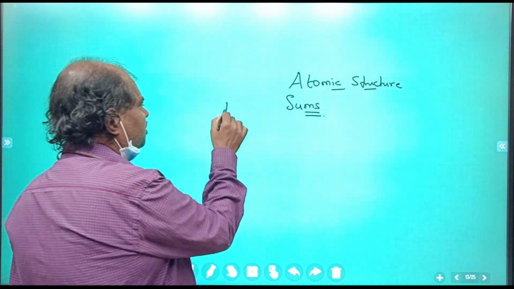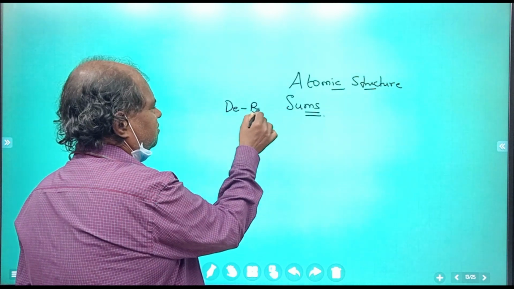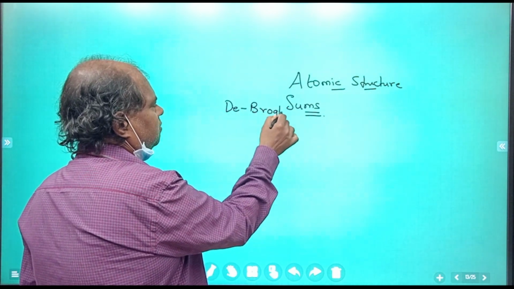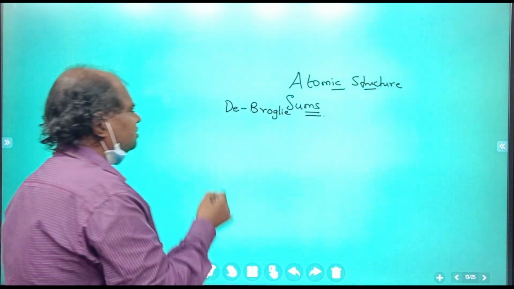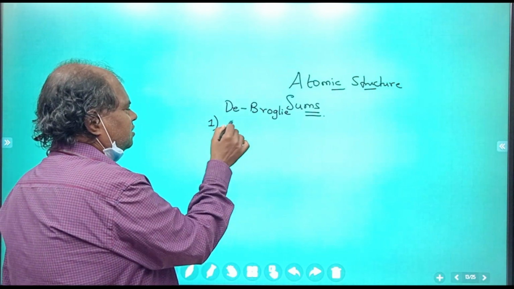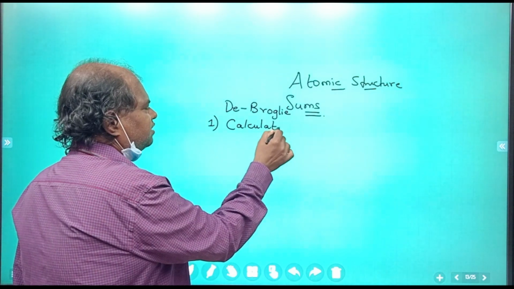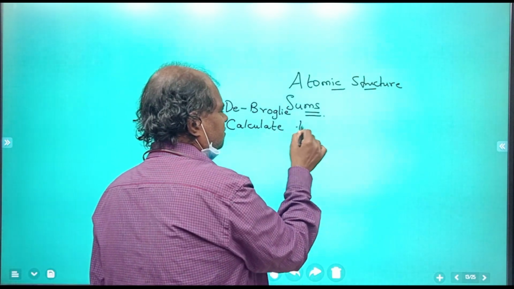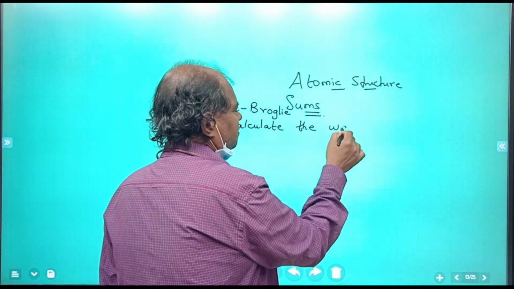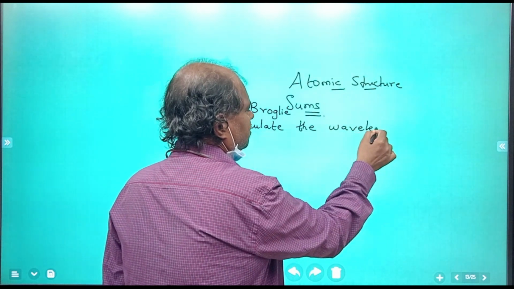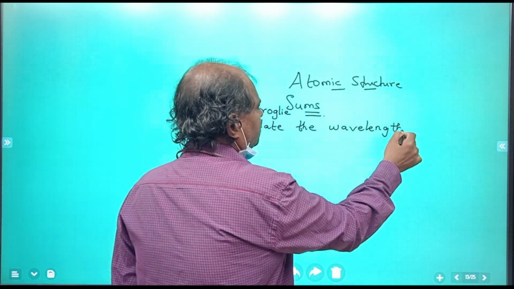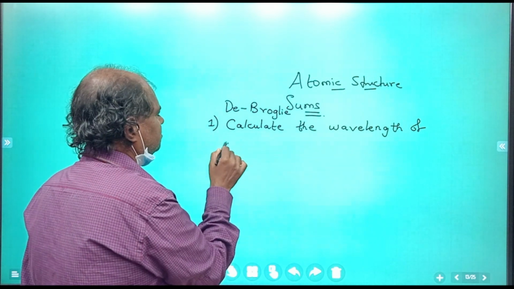First, I'll give you sums on de Broglie. Now, for example, let me give you a sum here. Calculate the wavelength of a cricket ball.